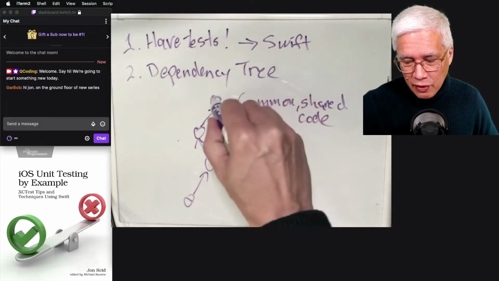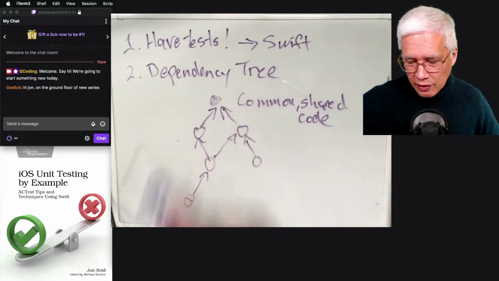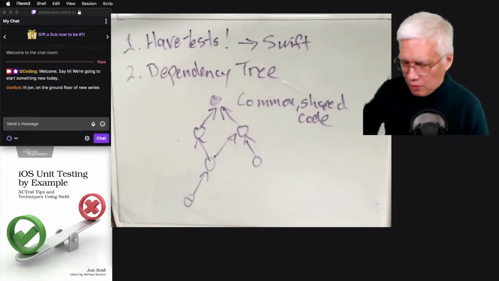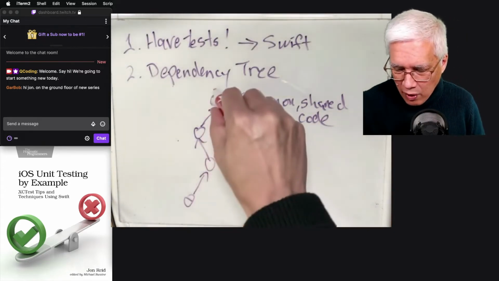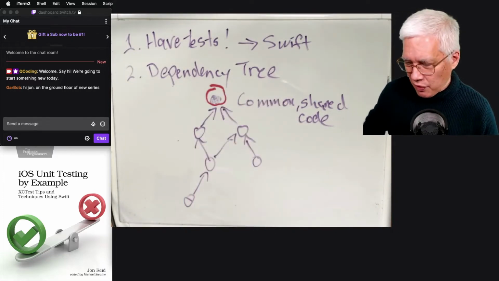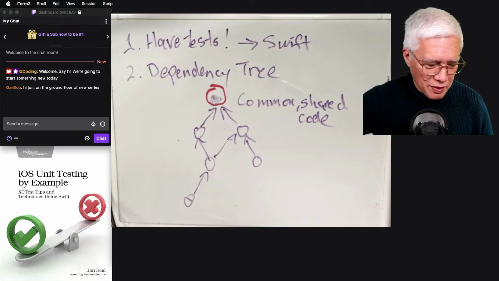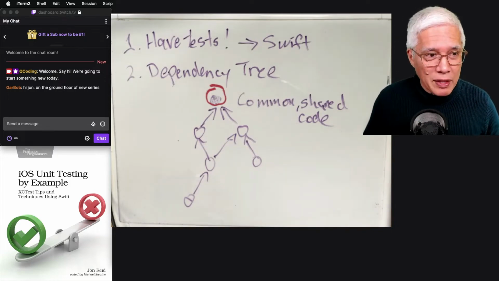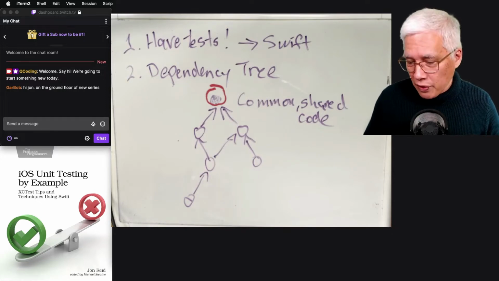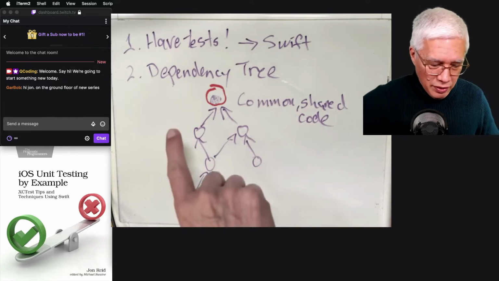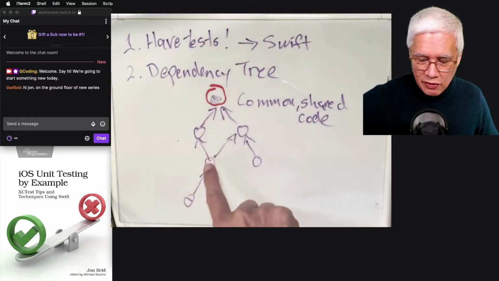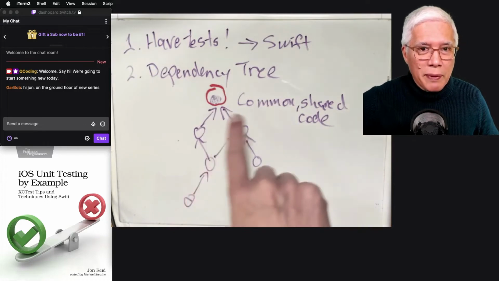If we convert that really widely used bit and say, wow, we've made so much progress by converting the most commonly used stuff to Swift, you've just shot yourself in the foot, because then this is Swift, but that is Objective-C code depending on Swift.